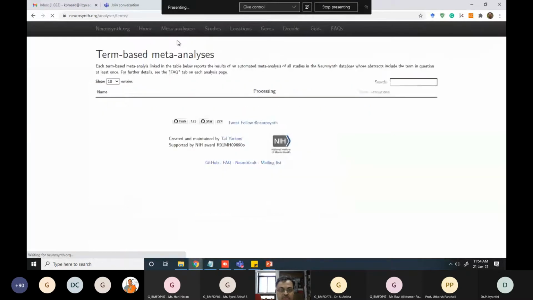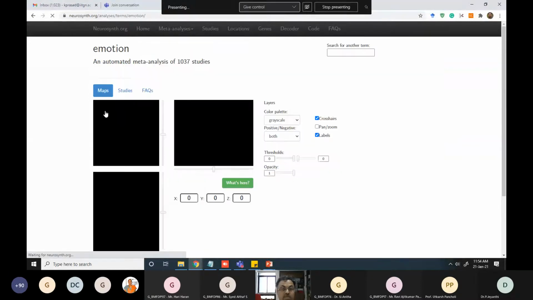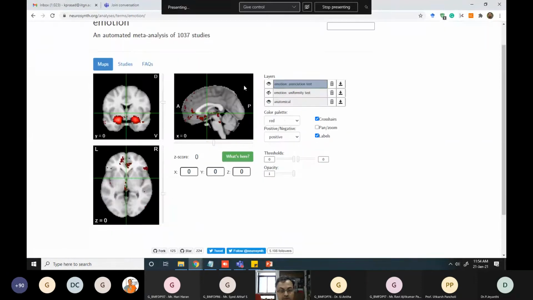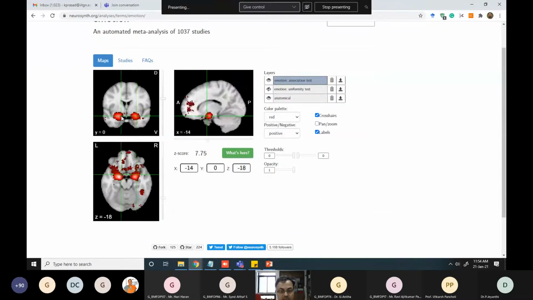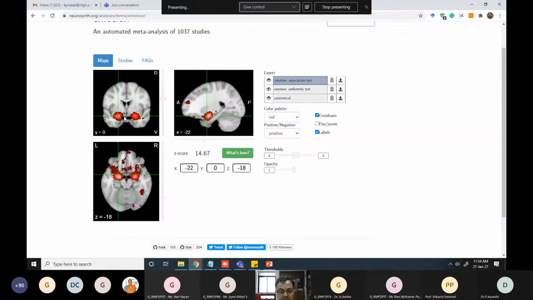You can go to the terms and, let's say, I select emotion. So I get the brain areas related to emotion. The maximum activity it is showing here is actually the amygdala, and that is quite correct.